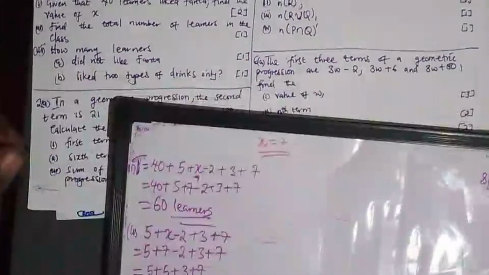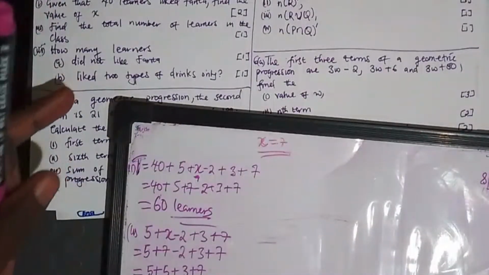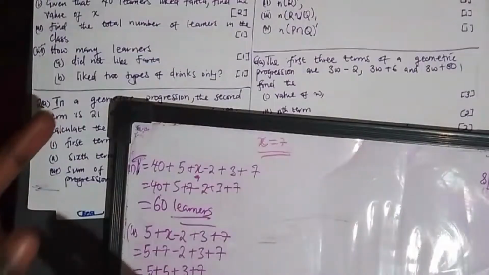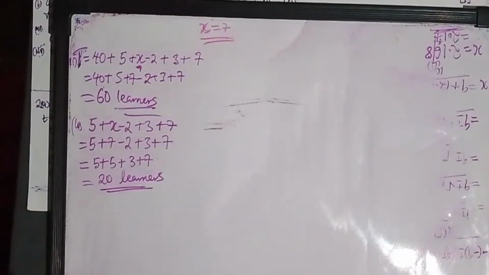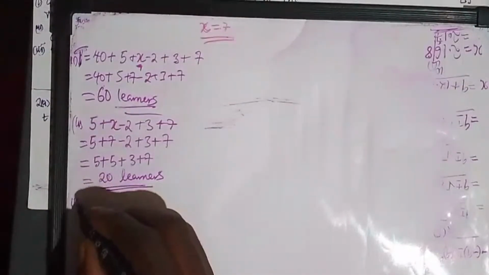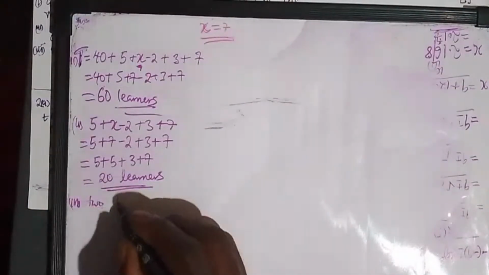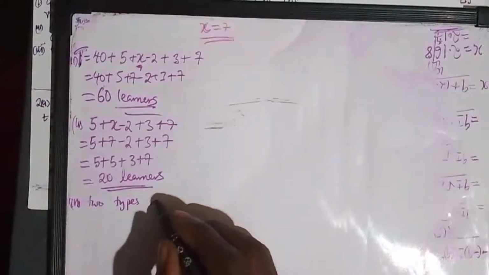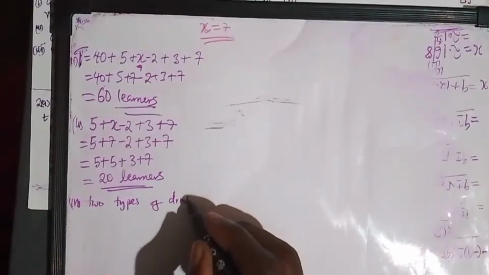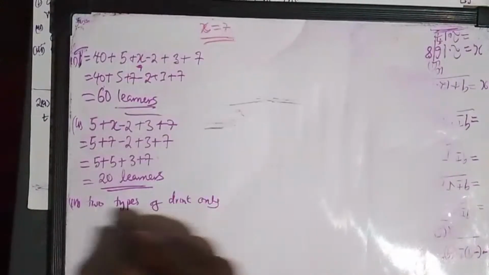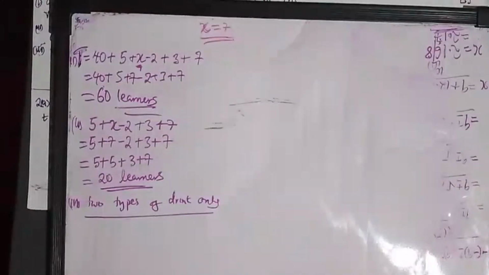Next, we are going to look at how many students liked 2 types of drinks only. So here our question is saying 2 types of drinks only. So how can you solve 2 types of drinks only?